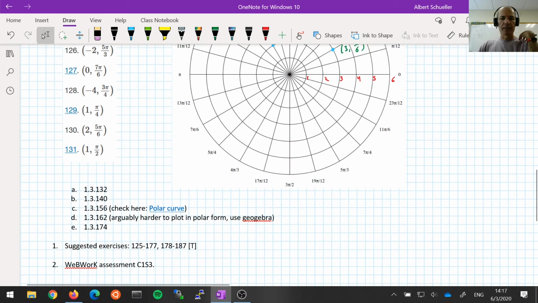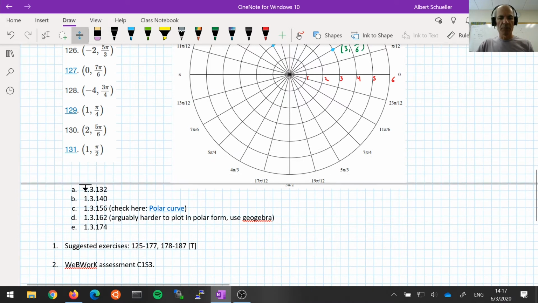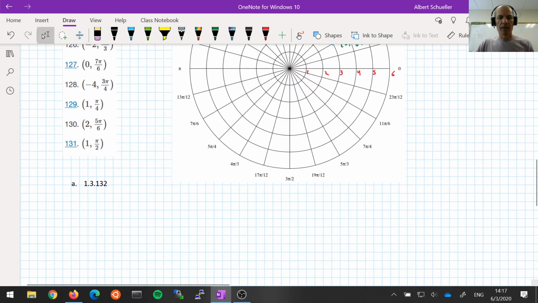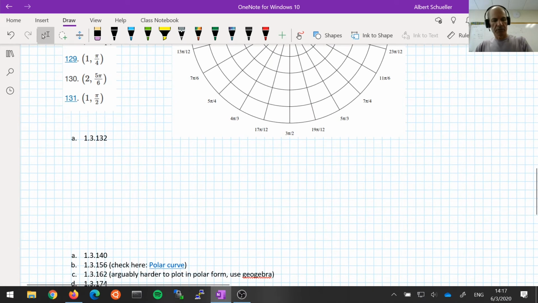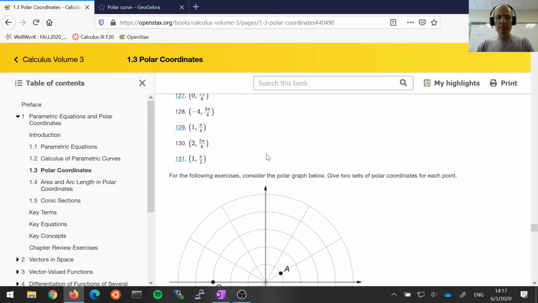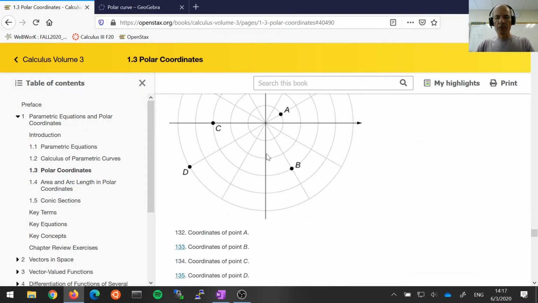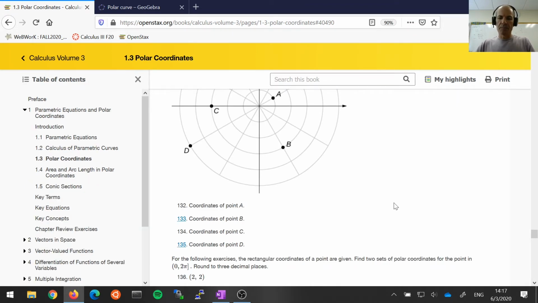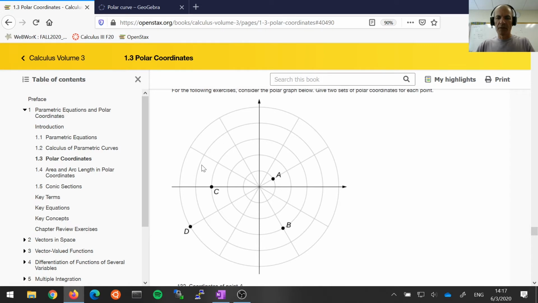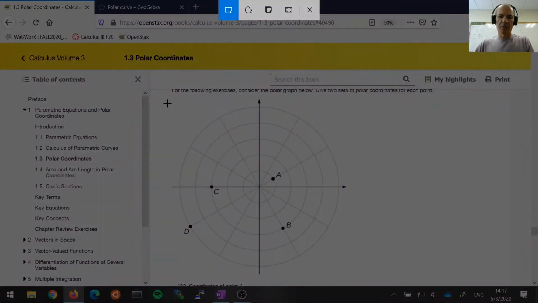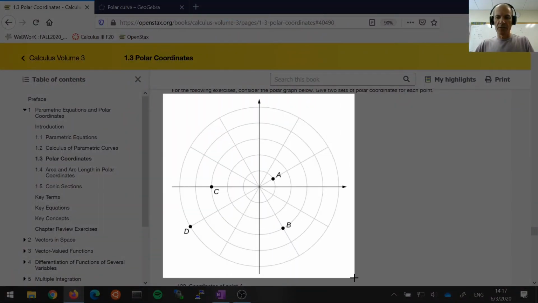All right, let's keep going here. We've got a couple more problems to go over before we wrap it up. Problem 132, let's go see what that is. So problem 132 is kind of going in the opposite direction. You're given some points on the polar plane, and you're asked to give the polar coordinates of those points.